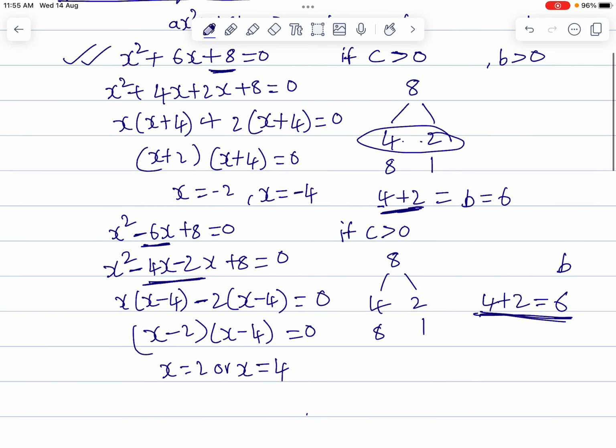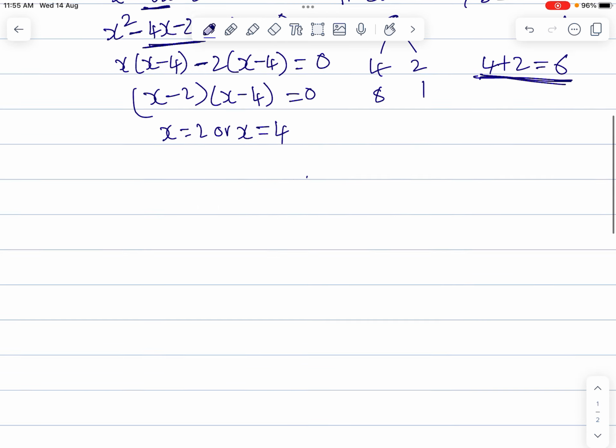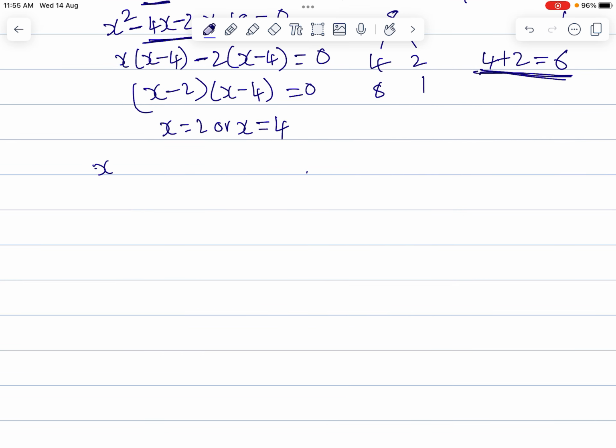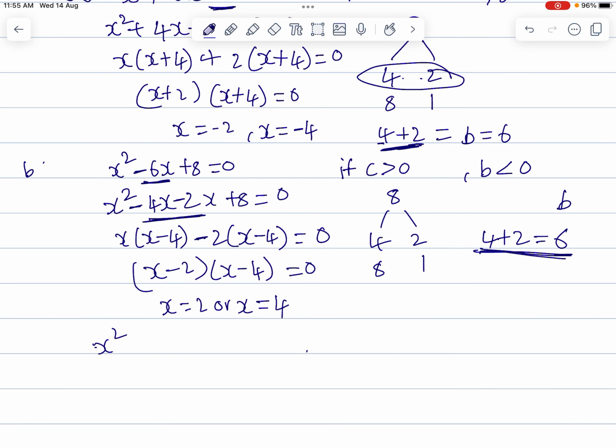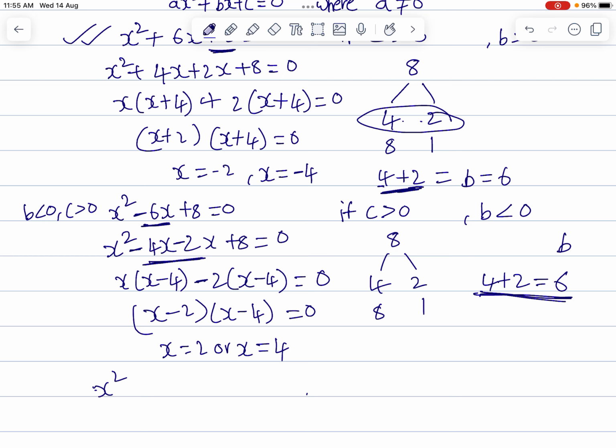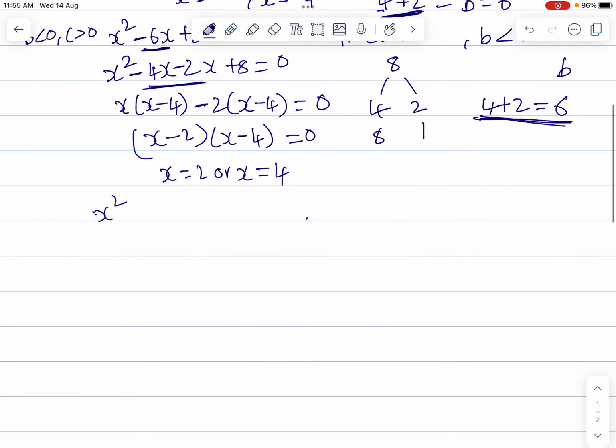So if c is positive whereas b is negative, we have seen b is less than 0. And c greater than 0 with b also greater than 0 we saw before.